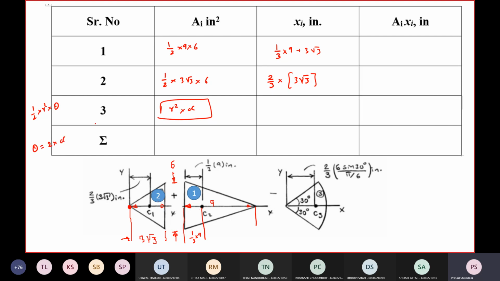So basically, if you substitute 2 alpha here, you will get r square alpha. So both the formulas are basically the same. Just keep in mind that when you are writing it as alpha, it is the half angle.